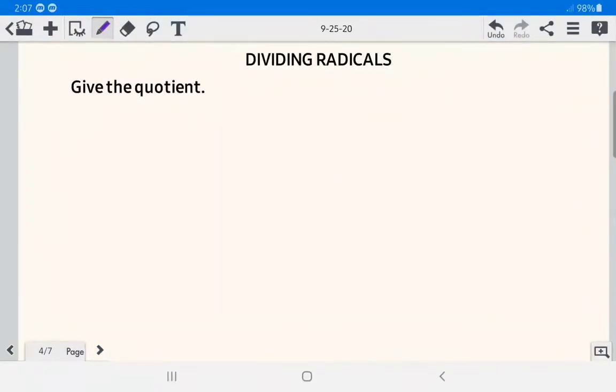Next, number 4. Let's say we have the square root of 7 over 3. So here you're going to make use of the quotient rule for radicals, the square root of 7 over the square root of 3. Make this one a perfect square so that you can remove the radical in the denominator.